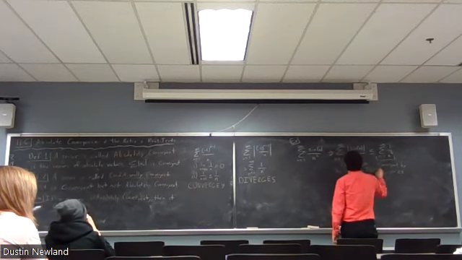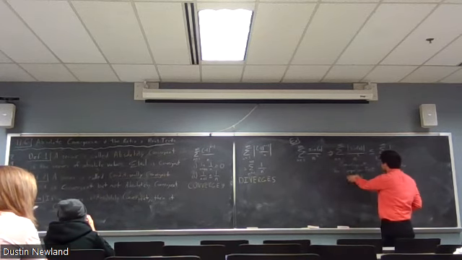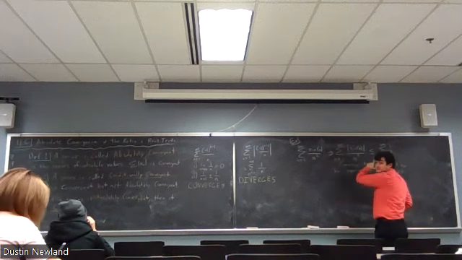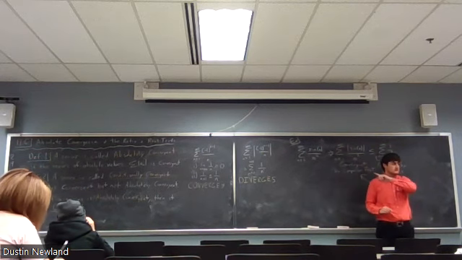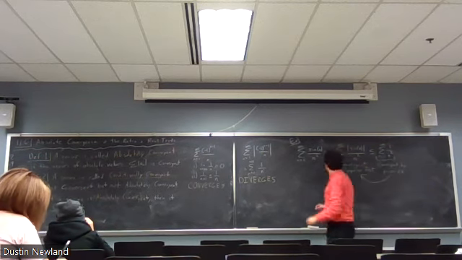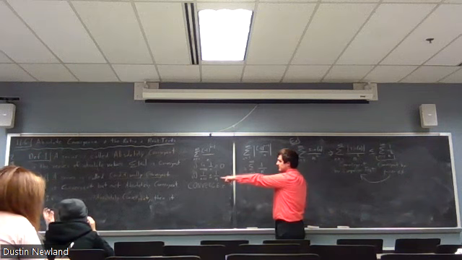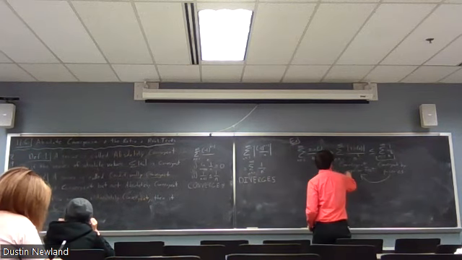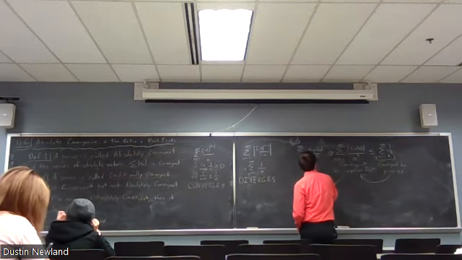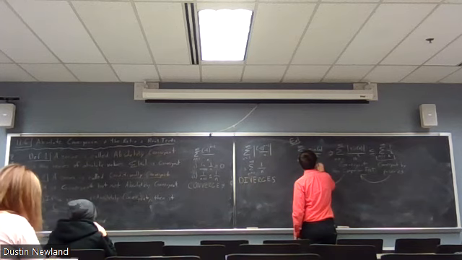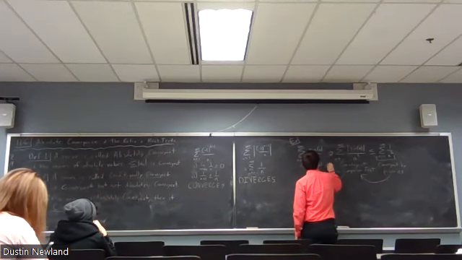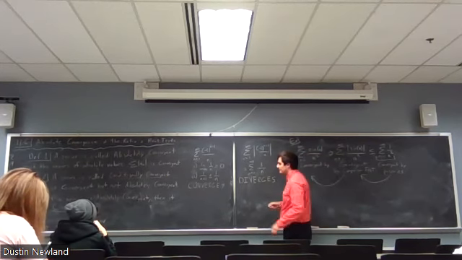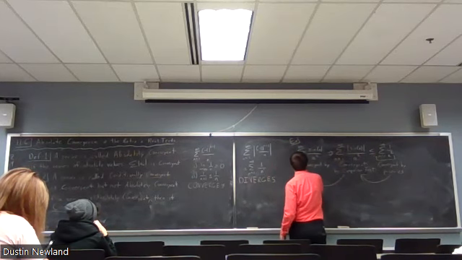Okay, good. Now, if this one's convergent, if the absolute value of the series is convergent, right? We can use the theorem to say that this guy is convergent by, and it sounds a little weird, but I'll say convergent by absolute convergence.